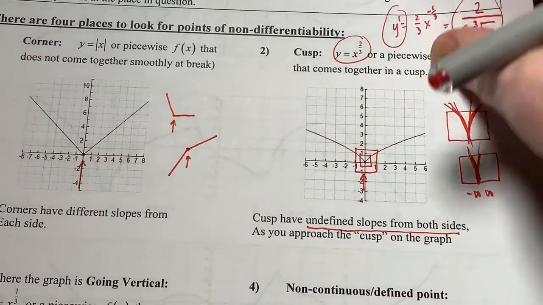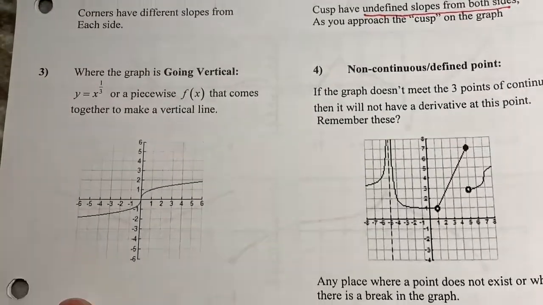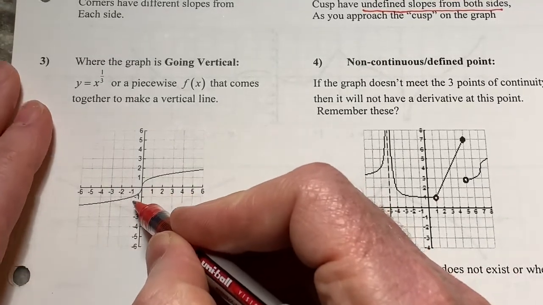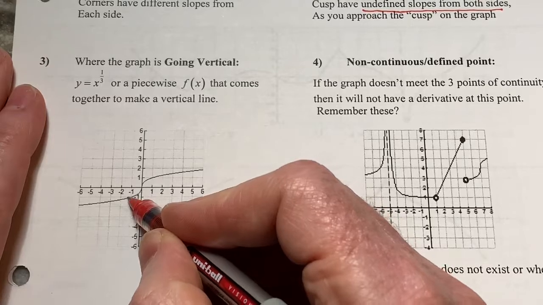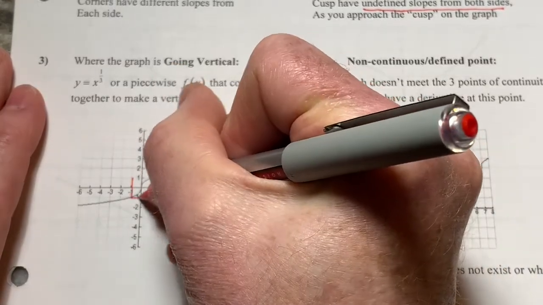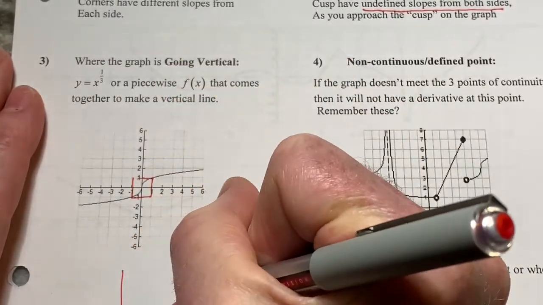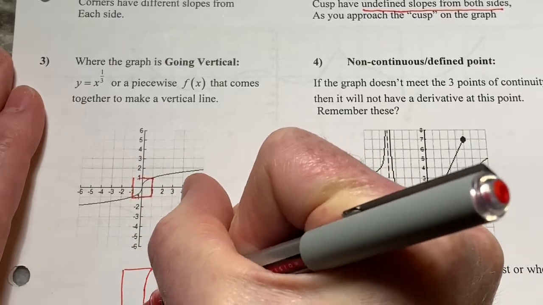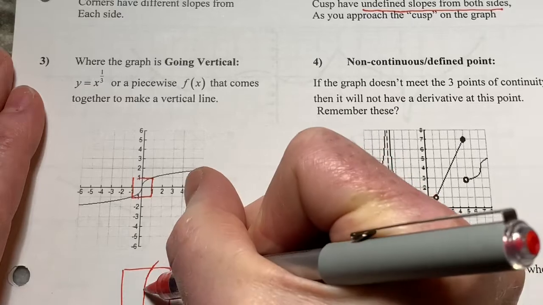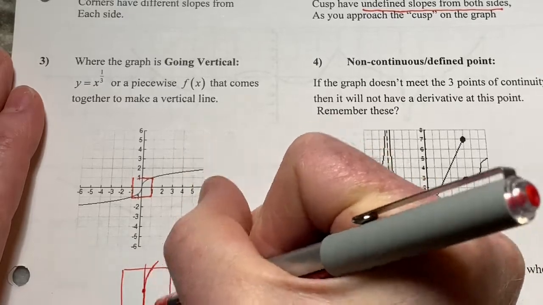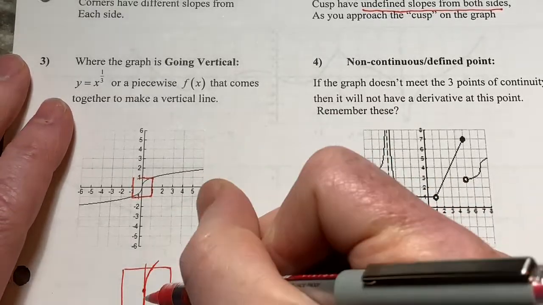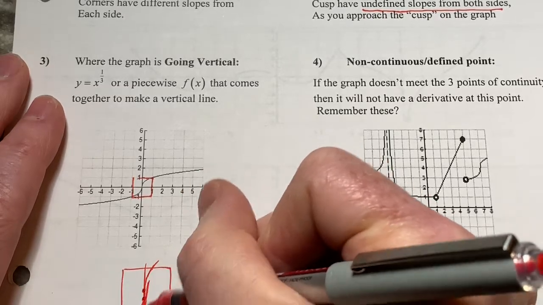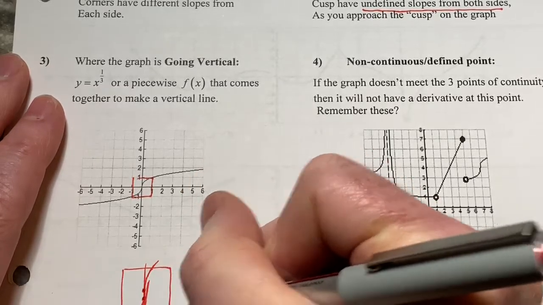Okay, now the third one is similar to a cusp in that it actually goes vertical. And if you look at this right here, you'd have to definitely zoom in, but if you zoomed in right here a lot closer, what you're going to see is this graph is doing more like this, right? So at that point, it almost looks like the tangent line is vertical, which means just below that point, like right here, it's huge, really big, like infinity.